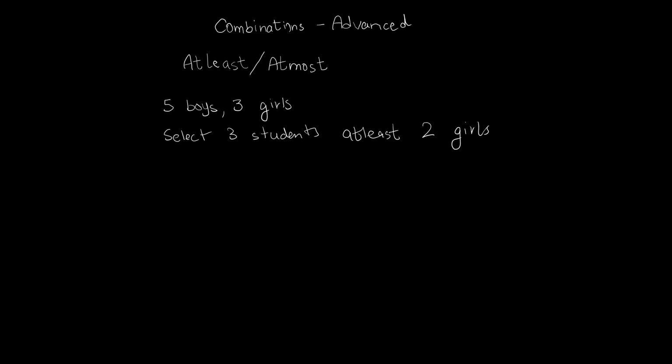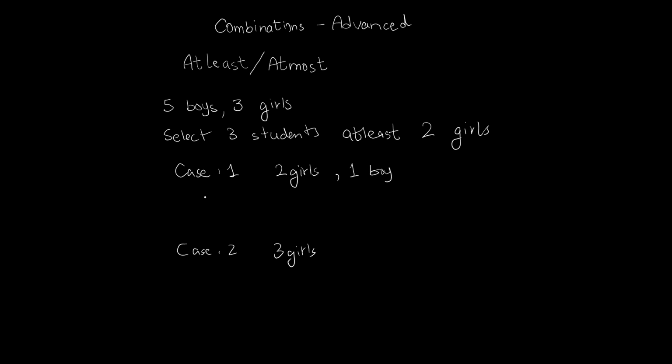Since there are three girls in total, there will be two cases. In case one, we will have exactly two girls, and the remaining one would be a boy. In case two, three girls would be there, because three girls also fall into the category of at least two girls.